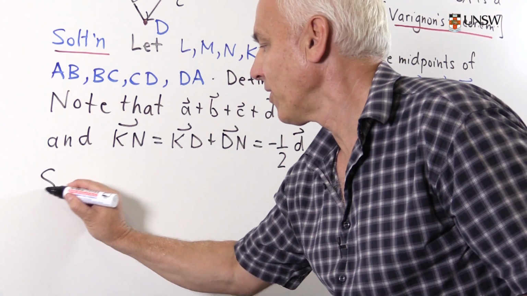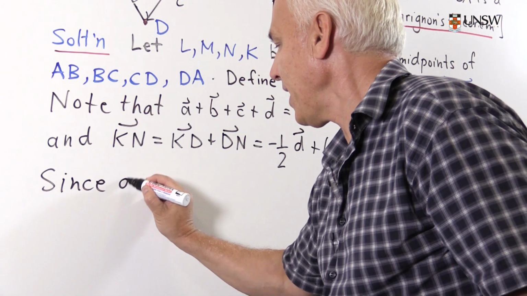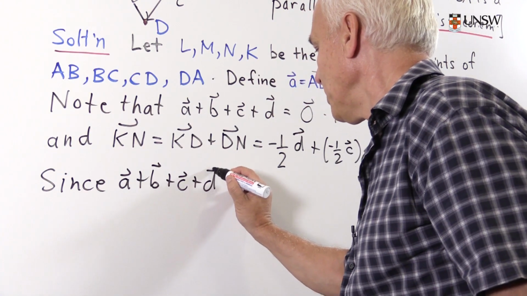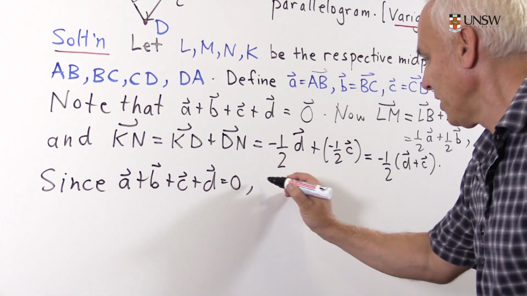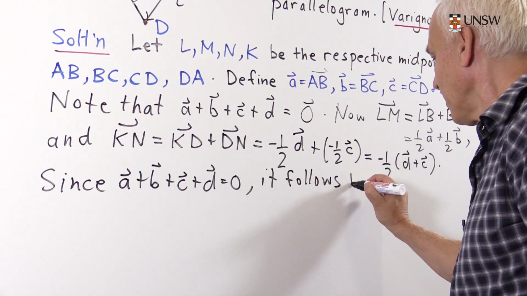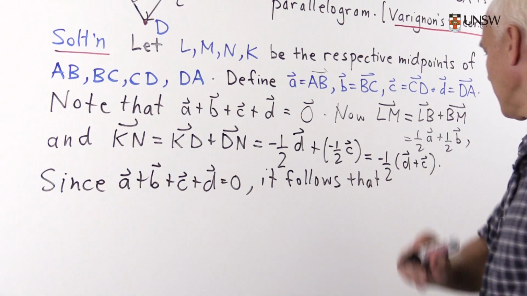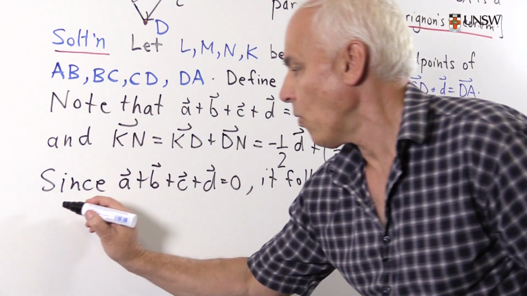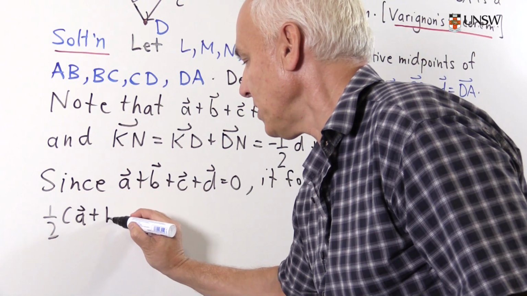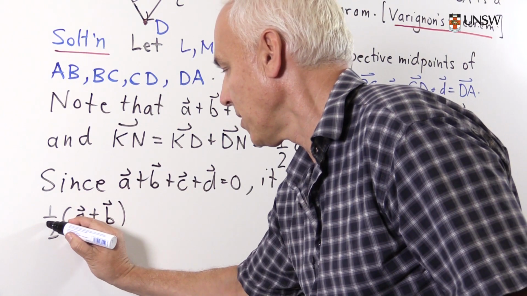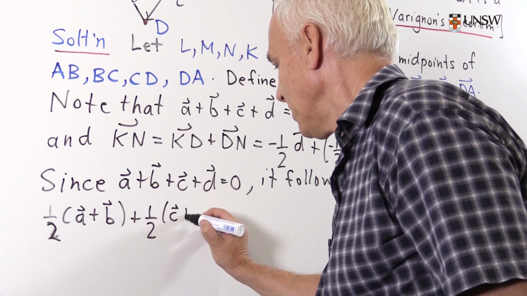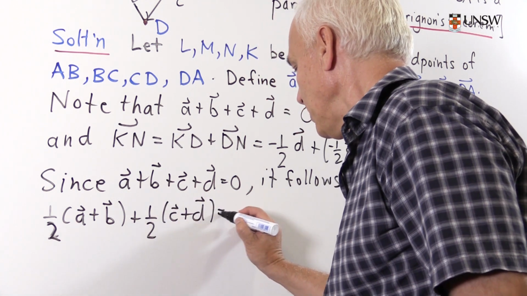Since a plus b plus c plus d equals 0, it follows that 1/2 of (a plus b) plus 1/2 of (c plus d) equals 0.